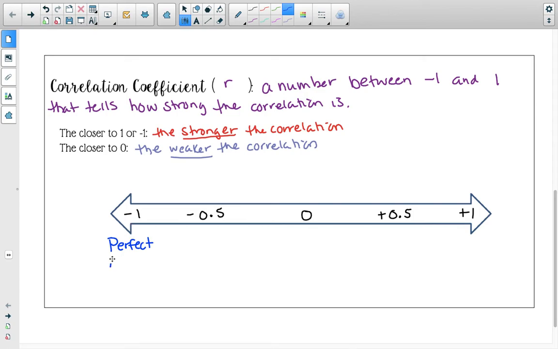This will be a perfect negative correlation. Same on the positive. This will be perfectly linear, but it would be a positive correlation. And so at the 0, this would mean that it would have no correlation.